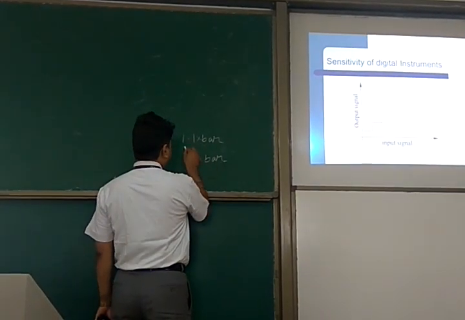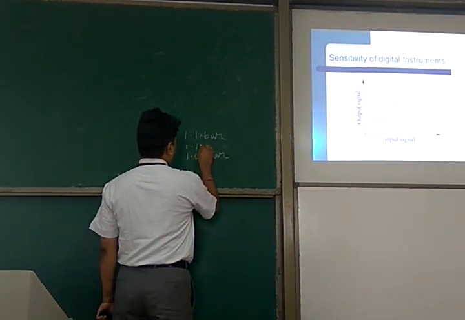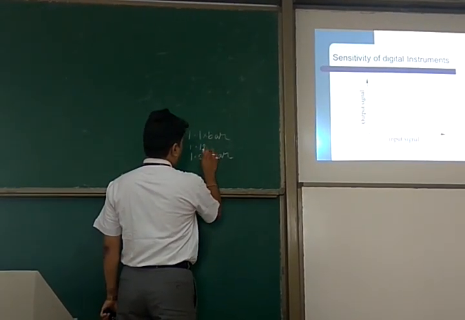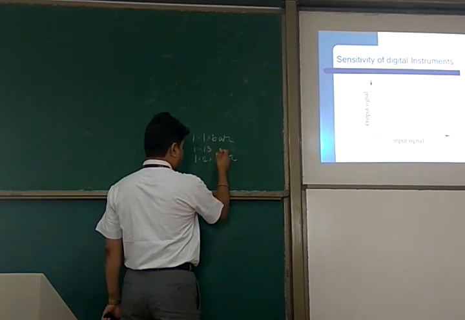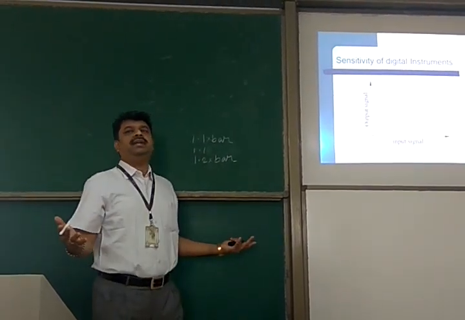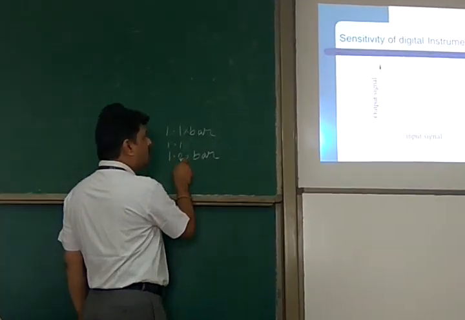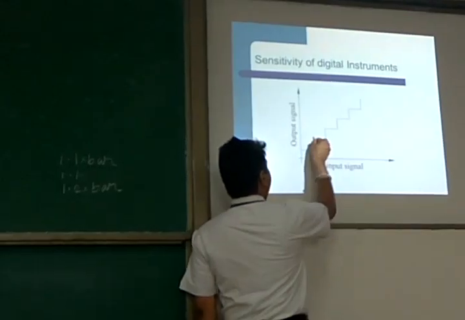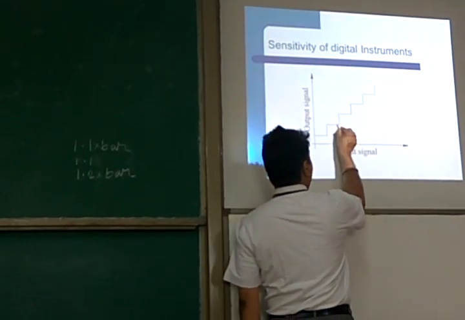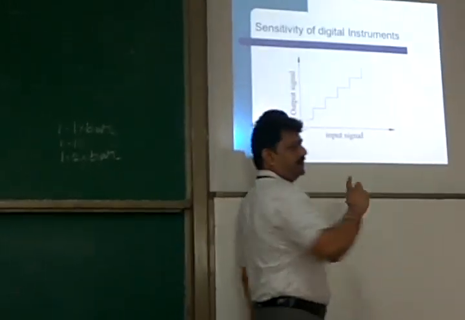Between this measurement and this measurement, the pressure would have increased like this, maybe 1.11, then 1.12, 1.13, 1.14, 1.15. All this, our instrument will not be able to measure. Only when it reaches 1.2, it increments to the next value. Then it keeps mum till it becomes 1.3. The moment it reaches 1.3, it shows 1.3.